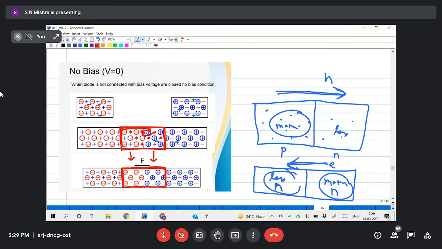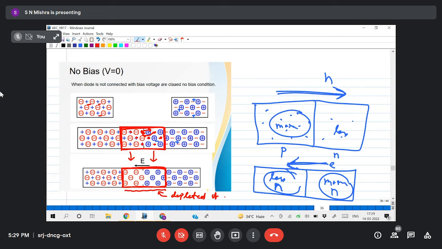But these ions cannot move. They will be wherever, previously before joining, they are also sitting there because they are the atoms which are combined in the crystal structure. So in this region, I'll find only ions or void of mobile charge carriers. Void in other means we say depleted.